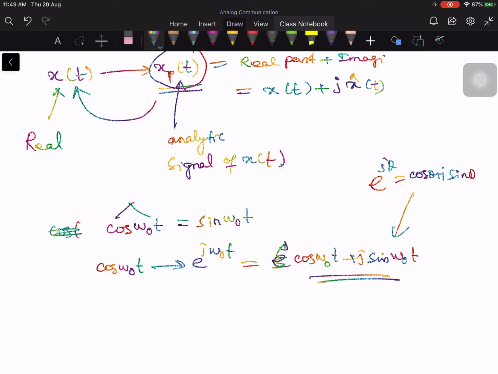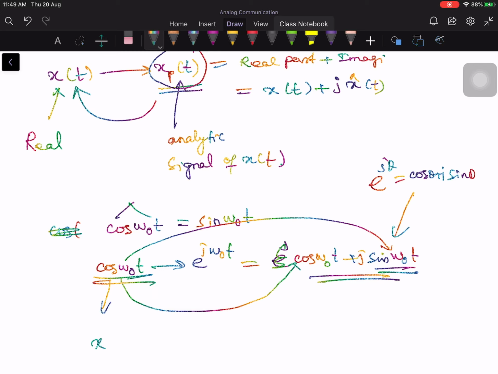Now see, the x of t is coming as it is, and for the same x of t we have taken the Hilbert transform, that becomes sin omega naught t. So therefore, instead of cos omega naught t I am going to write x of t. This becomes xp of t.